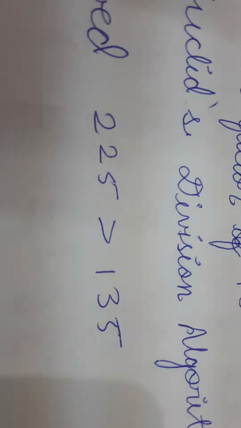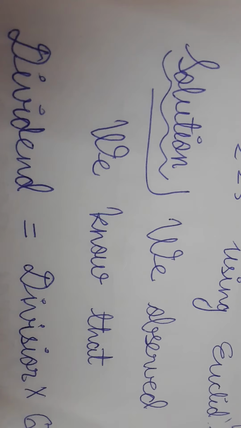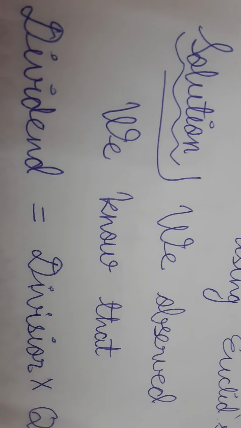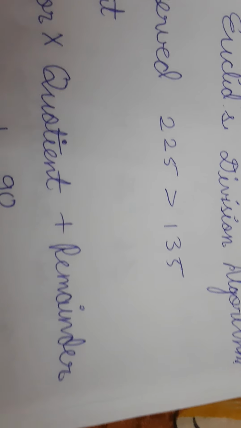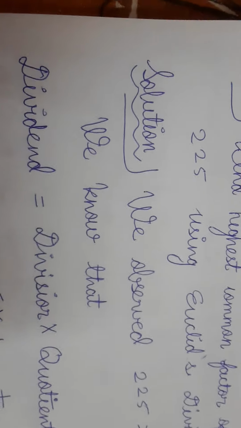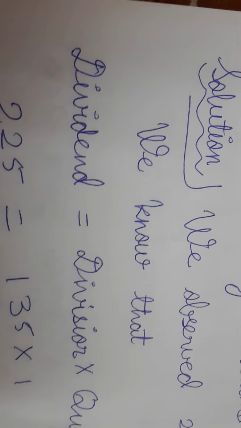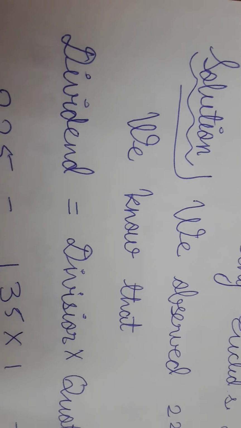Dear friends, we are using the general division method to determine the value of the highest common factor. As we know, dividend is equal to divisor into quotient plus remainder. We know very well it was the original method of division.